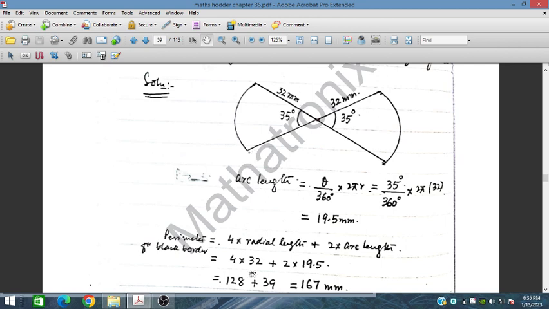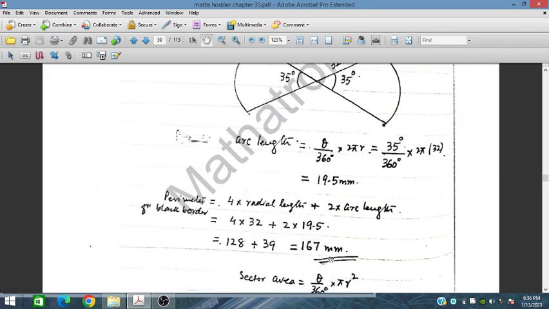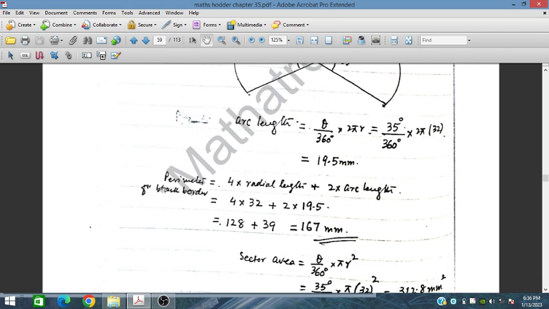So 4 radius and 2 arc length. So the perimeter for the black border is this many millimeters. The total perimeter of these two sectors is 167. So we have to paint the black border with this much length.